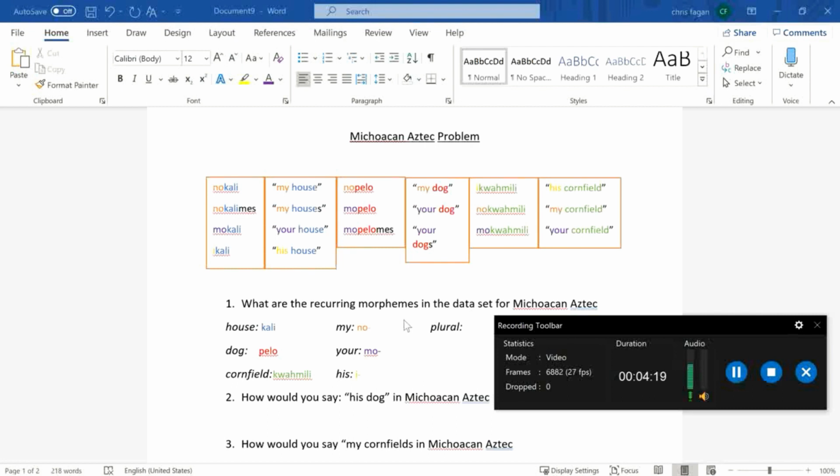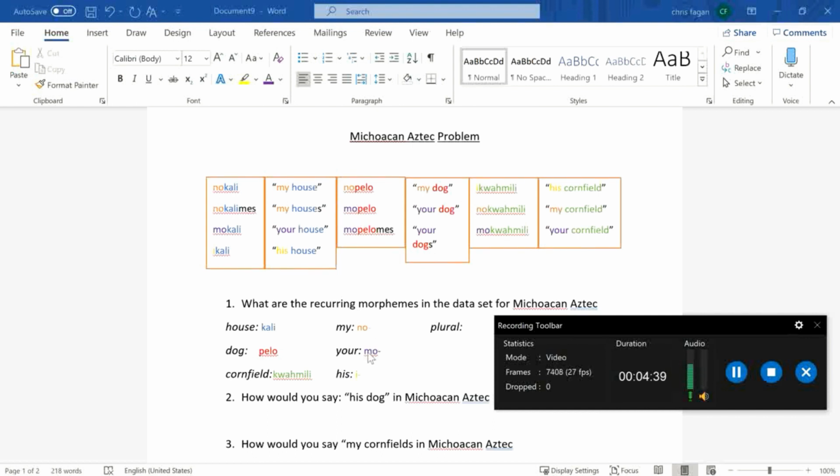Okay, and so I did that for all of the possessive pronouns here in Michoacan Aztec. Every time I saw the meaning for your, and it's just in mocali, mopelo, mopelomes, and moquamili, I also see that other morpheme recur, mo.